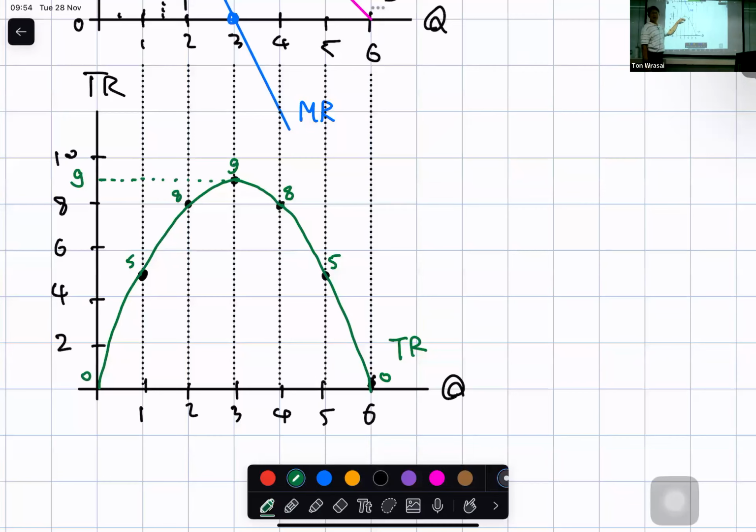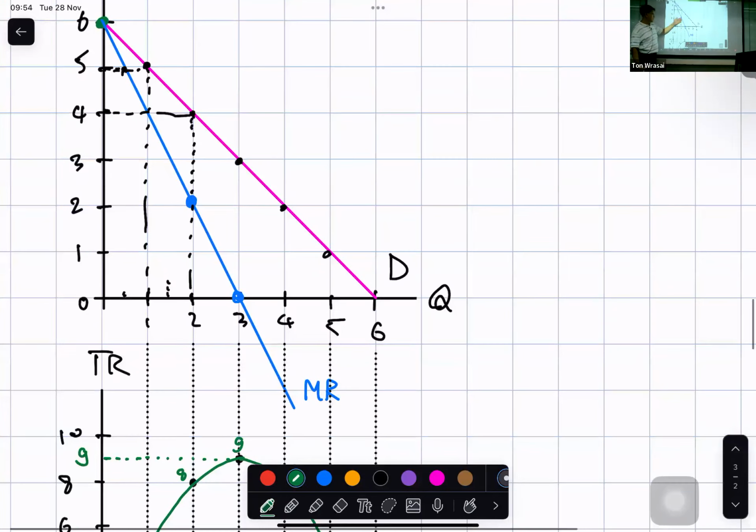We want to make a linkage between the total revenue mountain and the diagram above. First of all, the peak of the TR mountain appears at Q equal to 3. And at Q equal to 3, it's the midpoint on this pink demand curve.